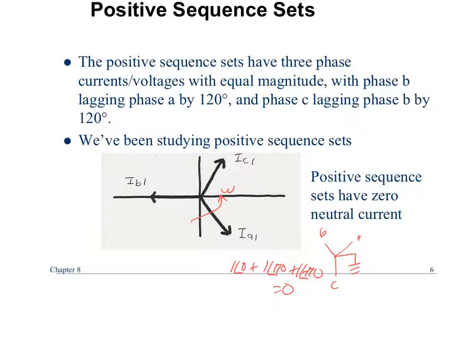In any balanced system, the sum of the currents at any neutral point or connection point has to be 0. So if I look at this ground here, does it matter whether there's a connection to ground or not? How much current goes here if the sum is 0? Zero. So whether this exists or not doesn't matter.